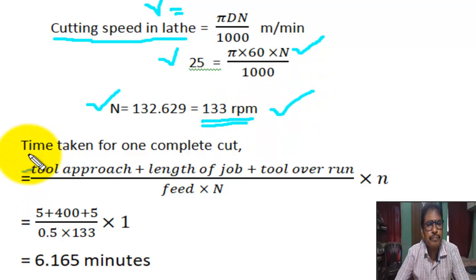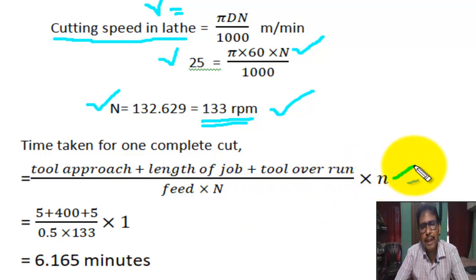Now the time taken for 1 complete cut: the formula is tool approach plus length of job plus tool overrun, by feed into capital N RPM into small n number of cuts, here number of cuts is 1.